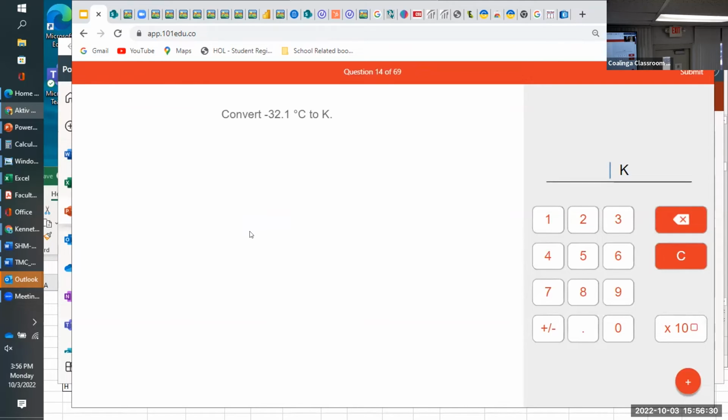Convert minus 32.1 degrees Celsius to Kelvin. So 241.